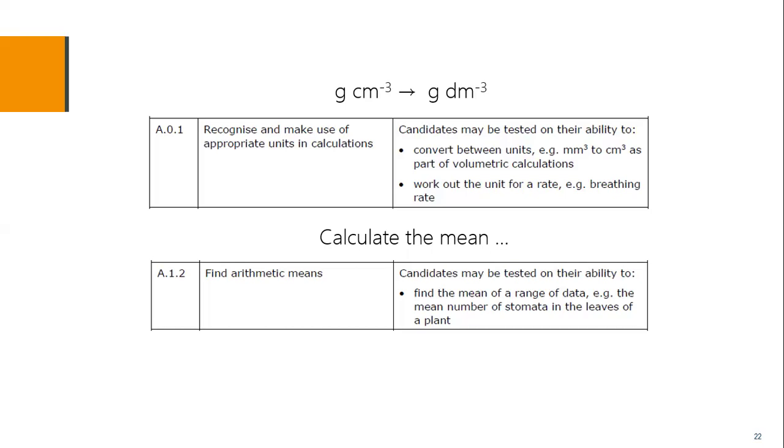So you should teach your students, encourage your students to give decimal places to the same number as the data they're given, or maybe 1 more than the data that they are given.